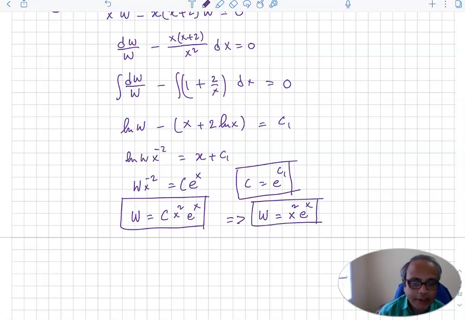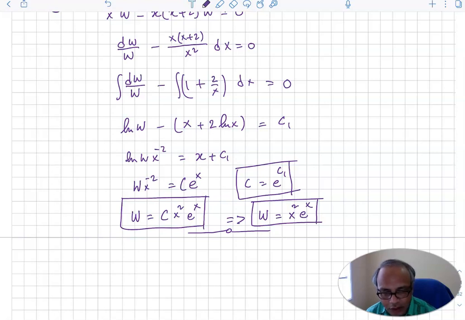The most important point is how to calculate the Wronskian when we don't know the solution. If we know the solution, we can form the determinant and simply calculate the Wronskian. If we do not know the solution, then we assume that y1 and y2 are two solutions, and we do some algebraic manipulation to convert the differential equation into a first order separable equation.